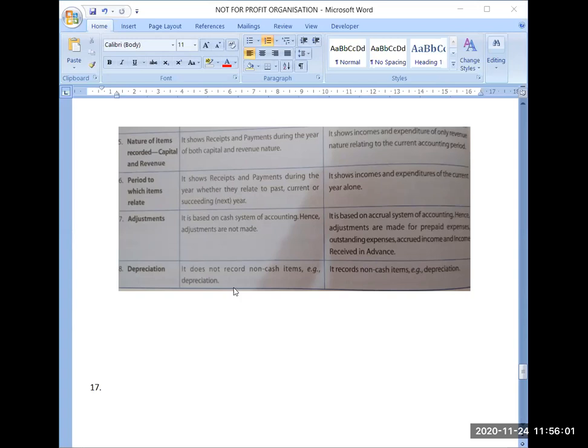Similarly, adjustments will not be done in receipt and payment account, but they will be done in income and expenditure account. You can record any period transaction in the receipt and payment account, but you will be recording only current year transactions, current year expenses and incomes, in the income and expenditure account. There will not be recording of any next year or previous year transaction. These will always be adjusted.